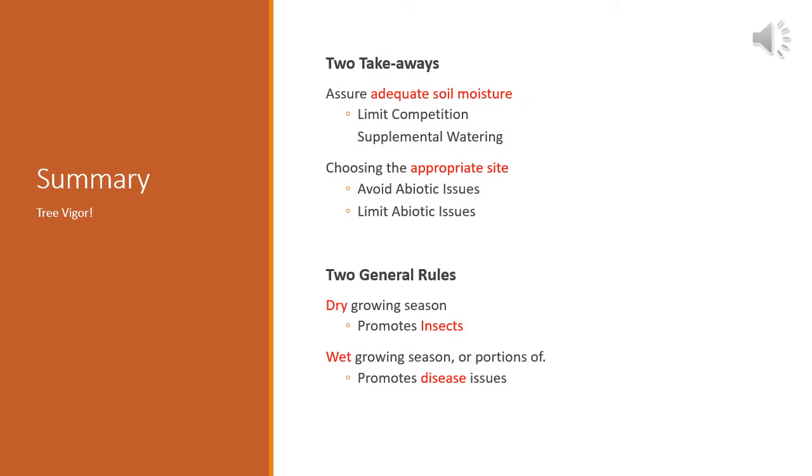So in summary, there are two takeaways and two general rules that should help guide some understanding of tree health issues. Now, starting with the takeaways, the first is that the presence of many health issues can be decreased by assuring adequate available moisture.